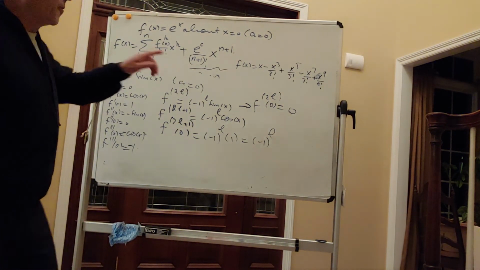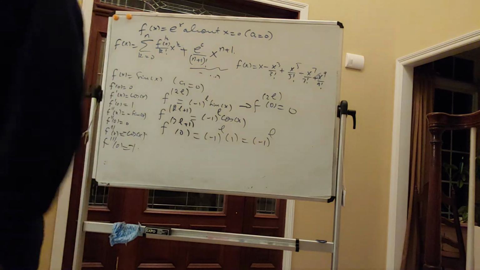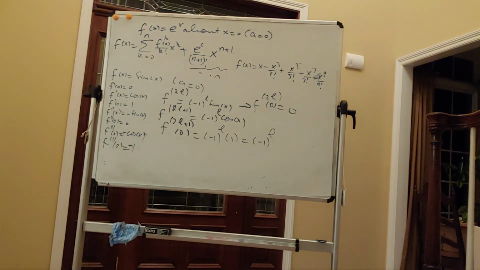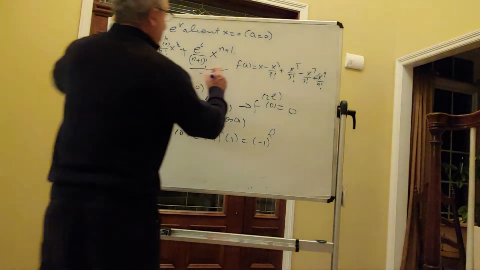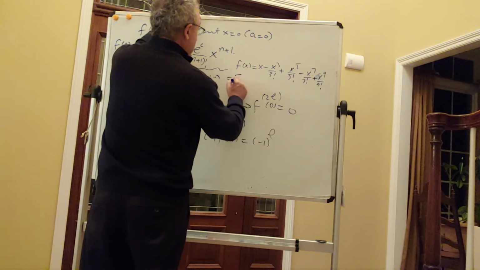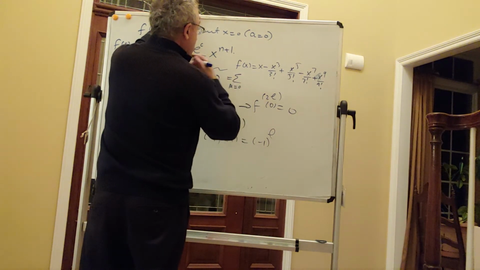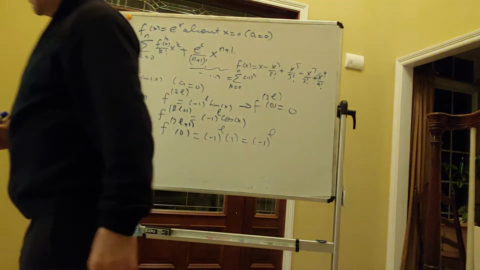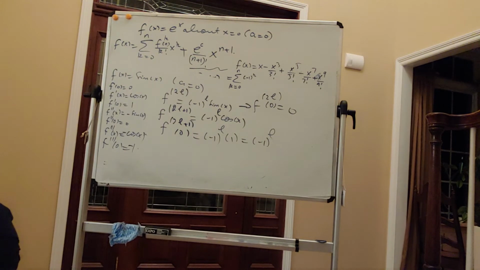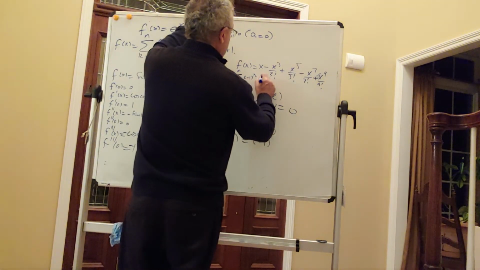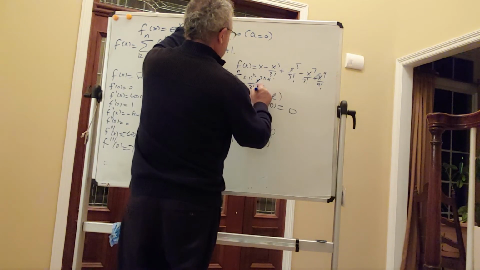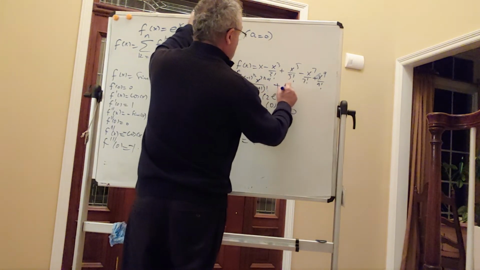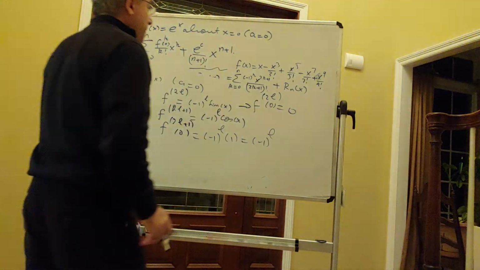Alright, so we would like to have a formula. Can you create a formula for that? So what do you think? Go ahead and create me a general formula. So this one is going to be the sum from k equals 0 to n of minus 1 to the k, x to the 2k plus 1 over 2k plus 1 factorial, plus Rn of x.